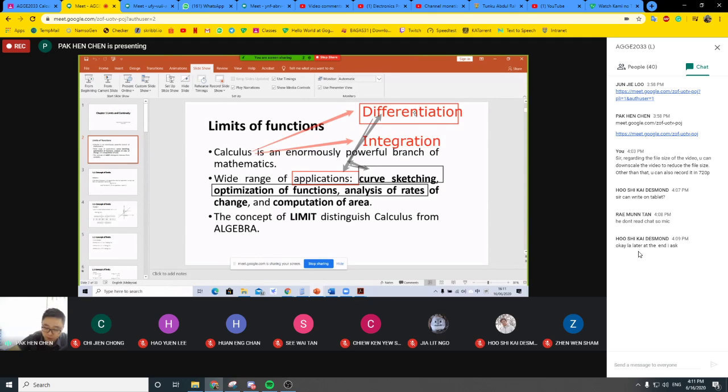While the computation of area together with volume refers to the skill that you have learned in integration. The limit is what distinguishes calculus from algebra. We are using algebra to learn the limit here, to learn calculus.